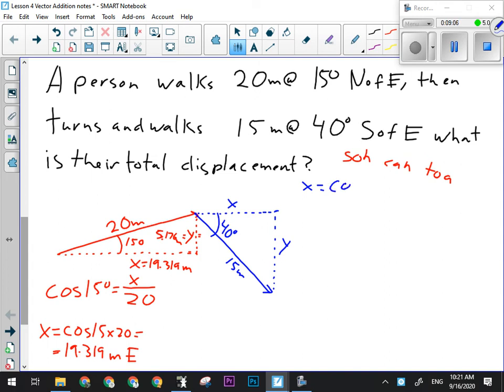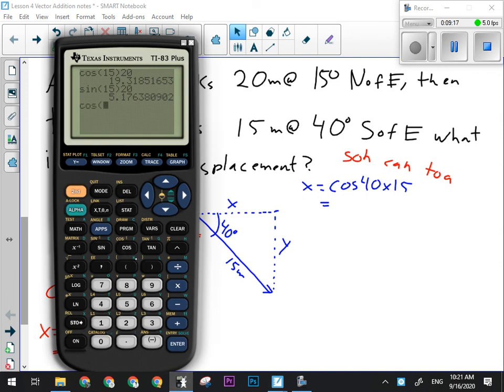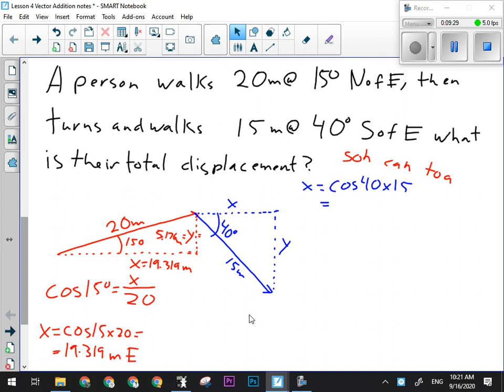So I'm going to go cos of 40 times the hypotenuse, which is 15. That'll give me the length of blue x. So that's 11.491 meters east.